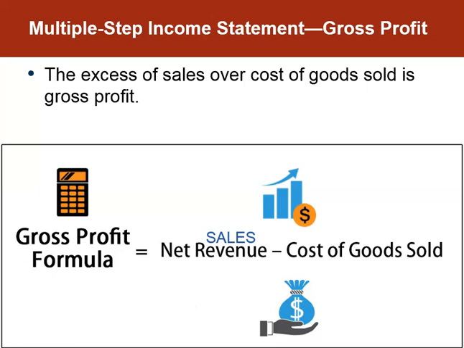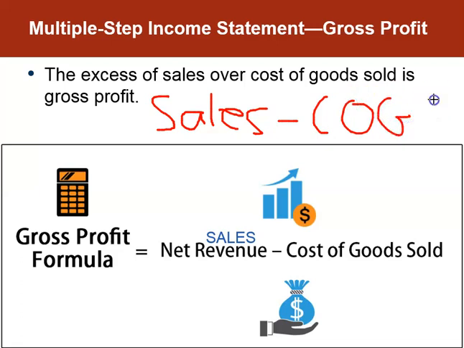So at the very top, we have our sales. And we're going to subtract from that cost of goods sold. And that's going to give us gross profit. If you don't believe me, you can look right here.